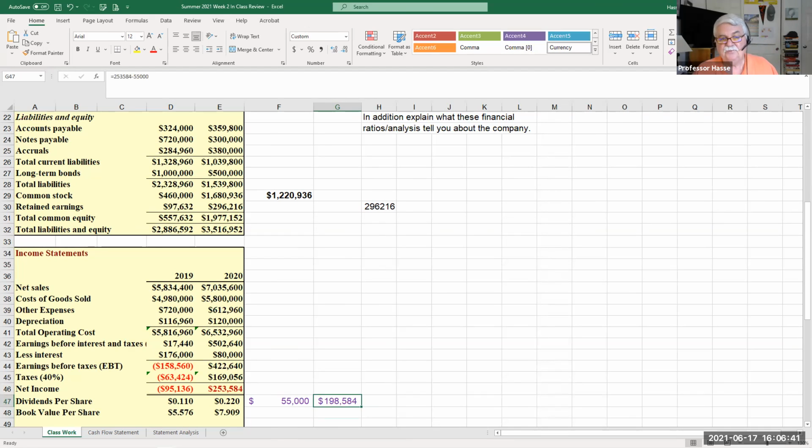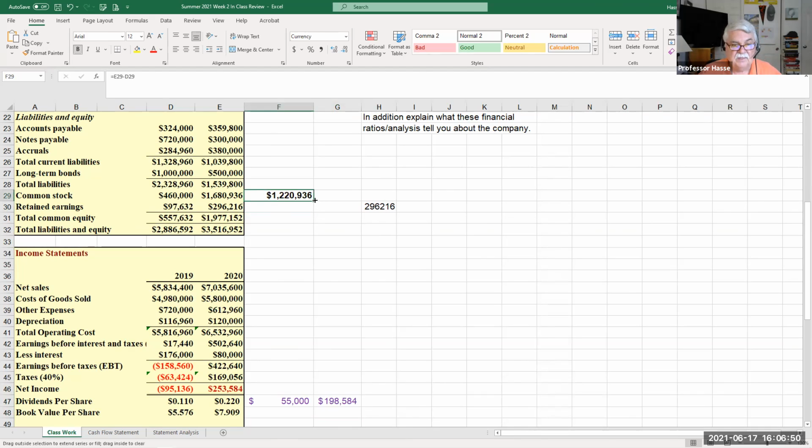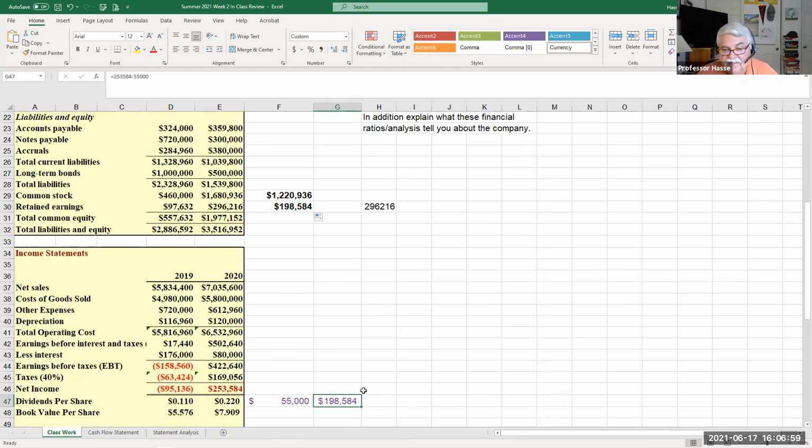Our company increased in equity $198,584. And if you take the delta between 2020 and 2019 in retained earnings, there it is right there. Retained earnings increased by 198,584. So they've properly closed their books and increased the equity position of the company by the difference of profits less dividends to their investors. That's how all that works.